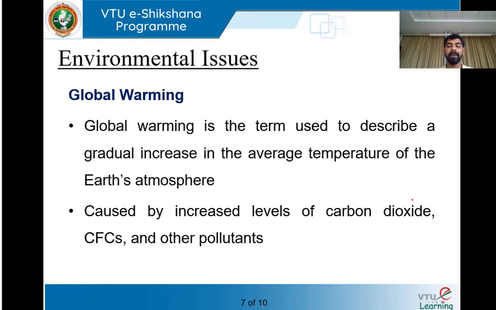What is happening? The average temperature of the Earth is rising day by day. Why is it rising? Because we are extensively using fossil fuels. When we burn fossil fuel, when it undergoes the combustion process, it emits a lot of greenhouse gases.